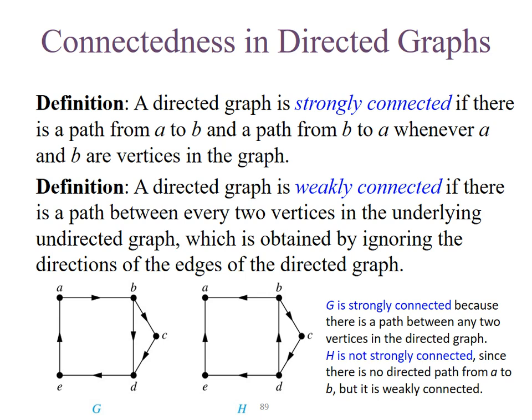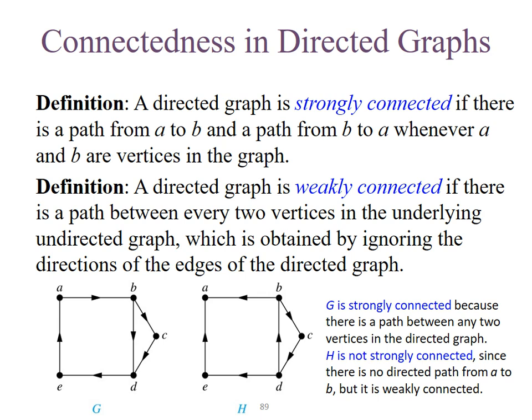Okay, so let's see this example G. For this graph, we have a path between A and B because we have a directed path, using A as the initial vertex and B as the terminal vertex. And then we can also find another path from B to A. Okay, so in this case, we call it a strongly connected graph.